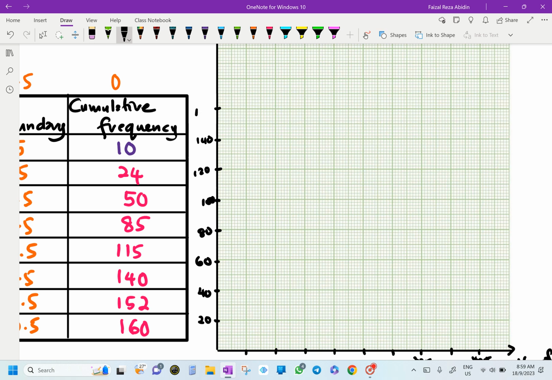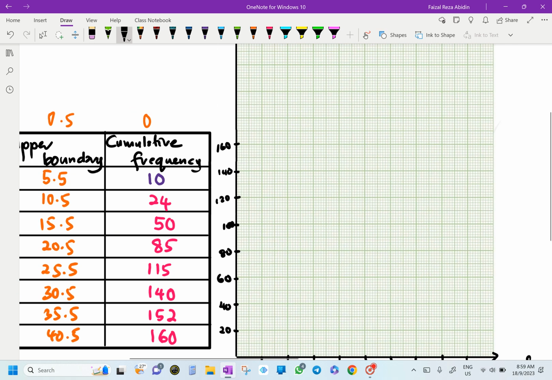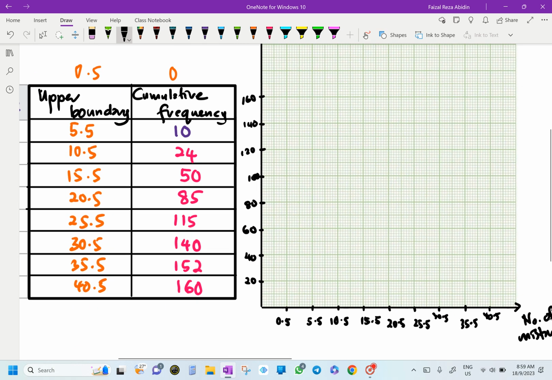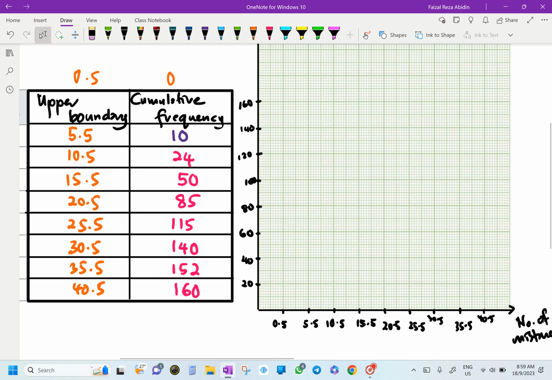Mine can have 160, but yours, you are not enough, right? If you put 10. Okay, this one going to be our cumulative frequency. Okay, done?